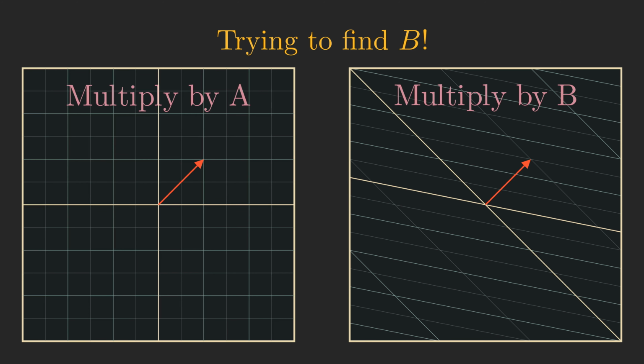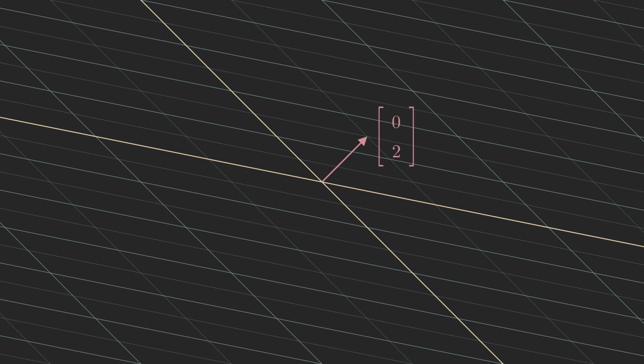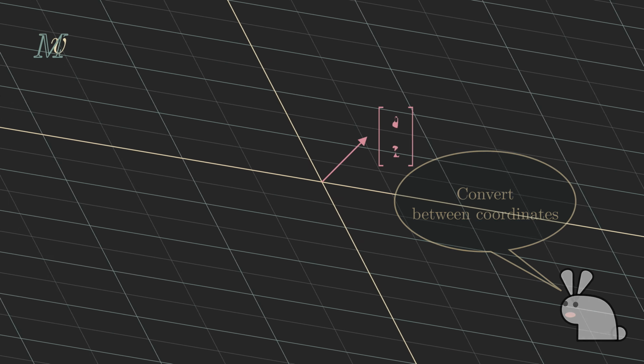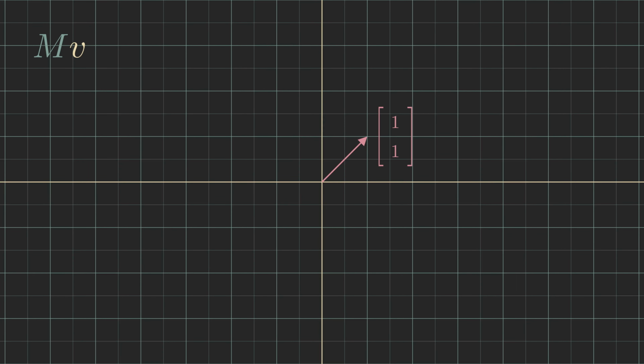And to recap why we're doing all of this, remember, we're trying to find a matrix that represents the same thing as multiplying by A, but from the perspective of a different coordinate system. To do this, let's use a transition matrix to convert from the different coordinate system to the standard coordinate system. And now that we're in a familiar environment, we can multiply by A with no problem.